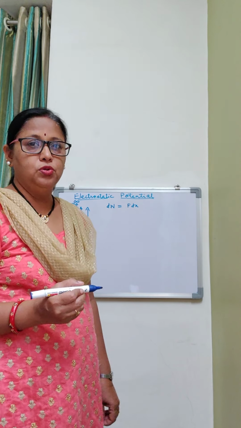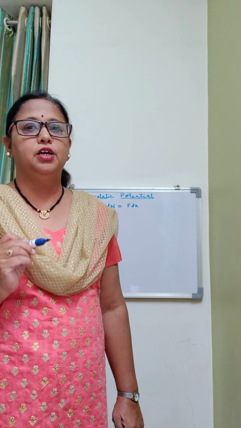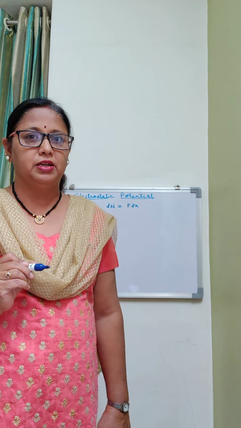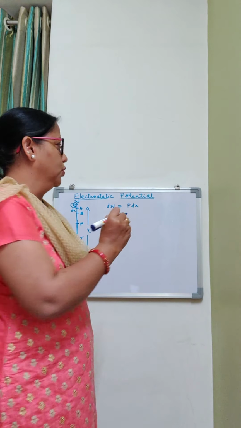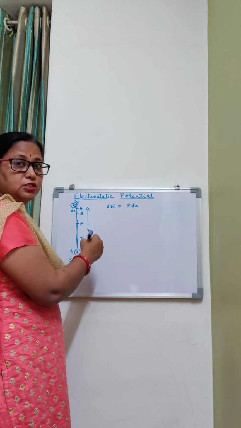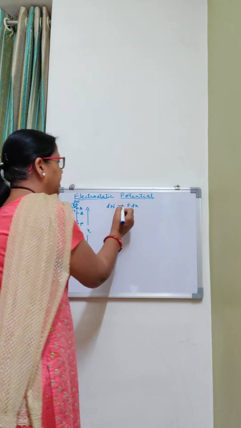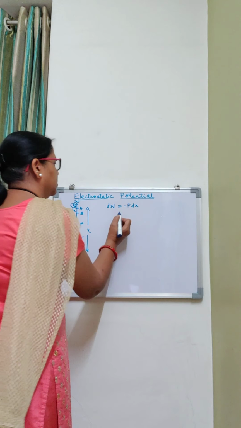So according to Coulomb's law, the formula is 1 upon 4 pi epsilon naught Q1 Q2 upon R square. The same formula we have to apply here. But the only thing is the force and displacement are opposite. Force is upward and displacement is towards the source charge. So we write minus sign here and then we substitute the value.